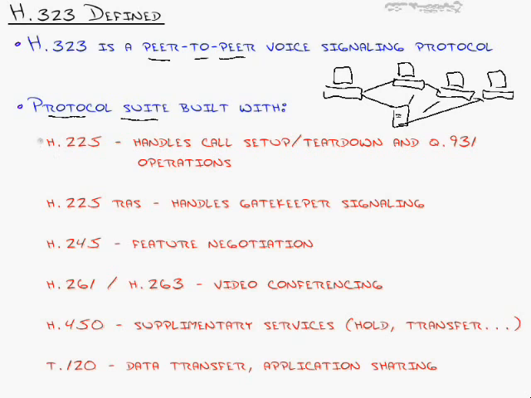So inside of the H323 protocol suite is a whole bunch of other protocols. Now I'm not even showing you an eighth, maybe a quarter of the protocols that are in H323, because H323 includes RTP, RTCP, it includes all of the audio and video codecs that we use when we're setting up our audio and video calls. H323 is the whole deal.